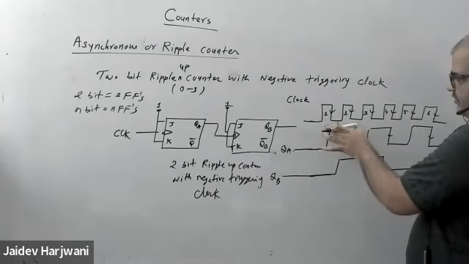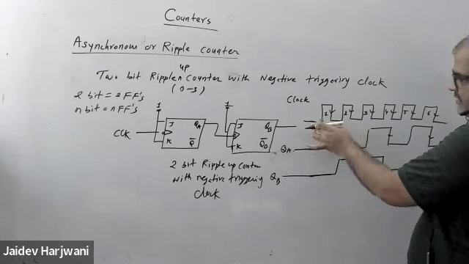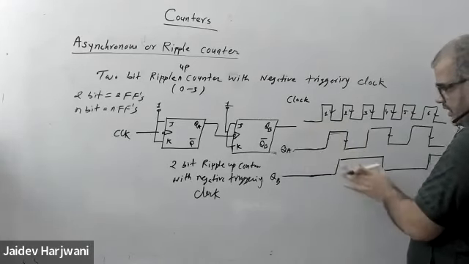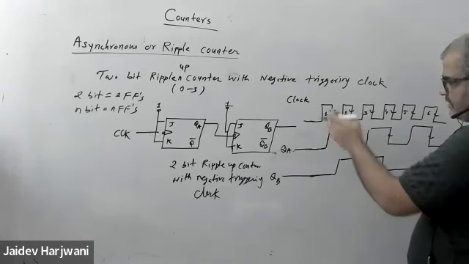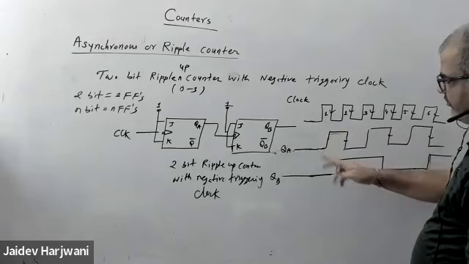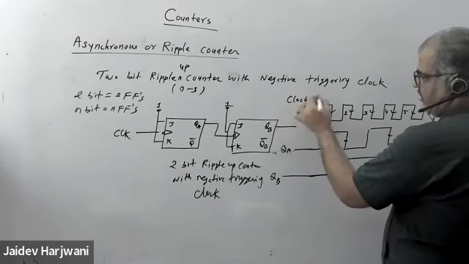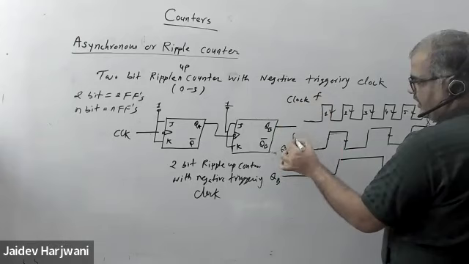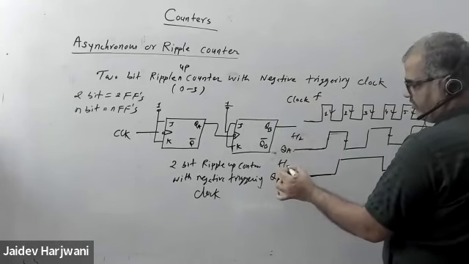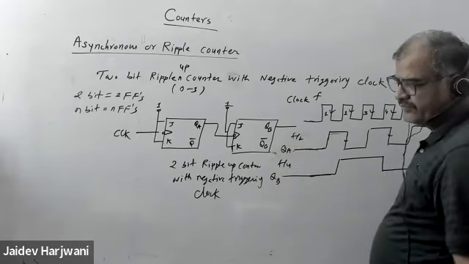If the time period of the clock is t here, this has a 2t, this has a 4t clock period. Or you can say the frequency is decreasing. If the frequency of the clock is f, then the frequency of QA is f by 2, and the frequency of QB is f by 2 power 2, that is f by 4, for 2 bits.